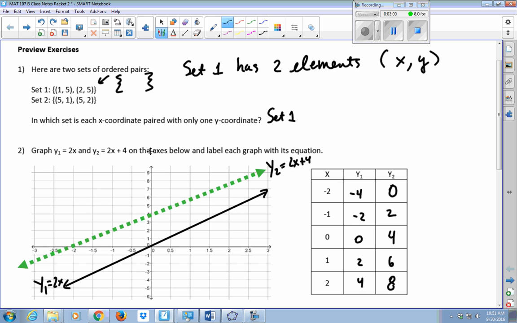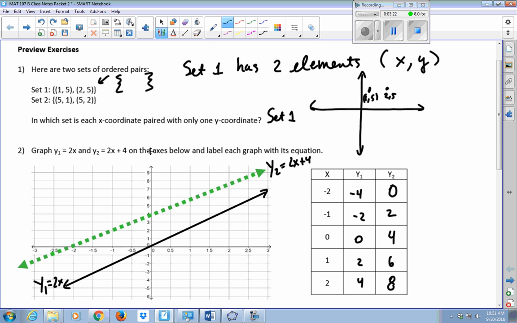Now, visually, don't forget we have our visual mind to look at this. If you look at set 1 and we quickly put a little x and y axis here, and plot the point (1, 5), we're just going to estimate, there's (1, 5), and (2, 5) sits right beside it.